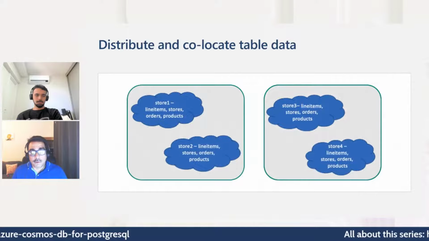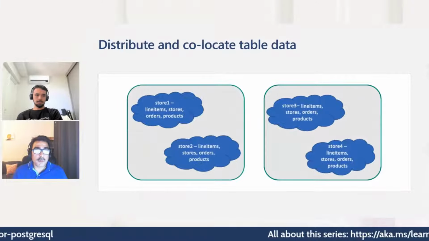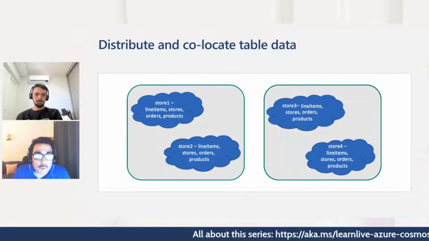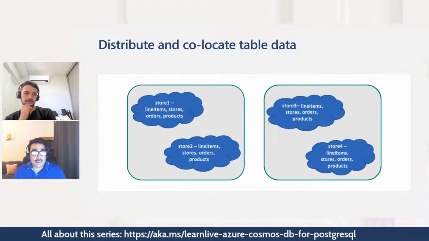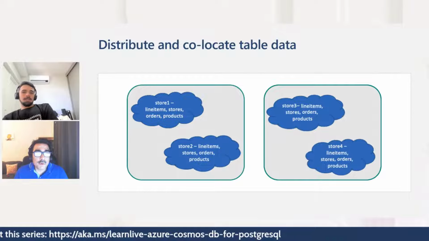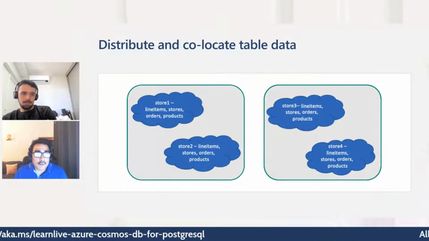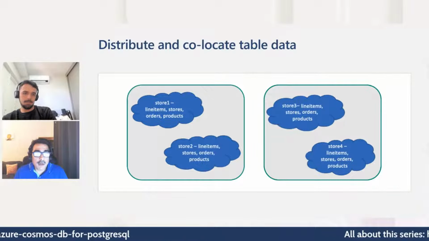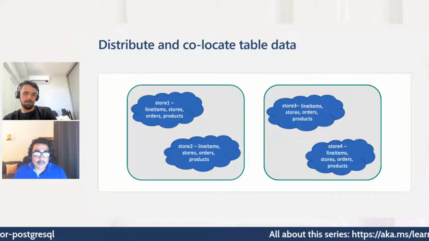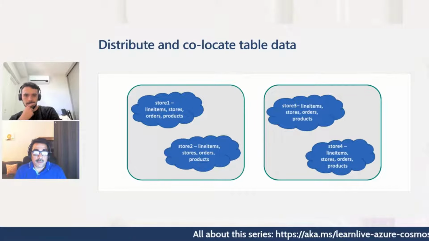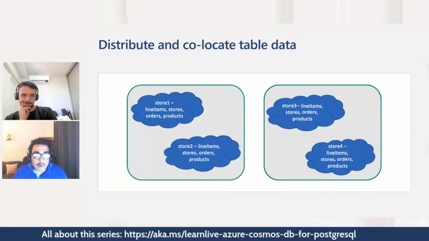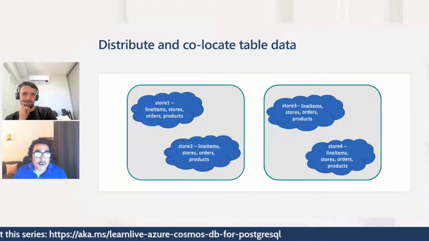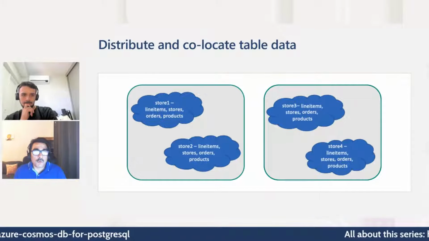Yeah, so this is how typically the distribution and co-location of table data would look like. Typically when it gets distributed, it is distributed in a shard. A shard is a logical thing where you are combining multiple values of the distribution column into one group.